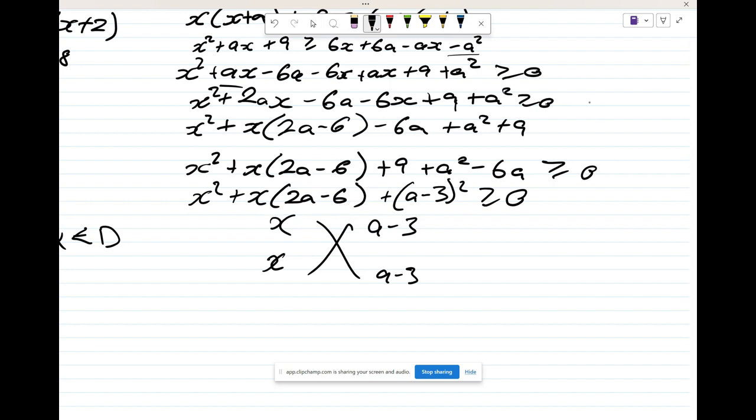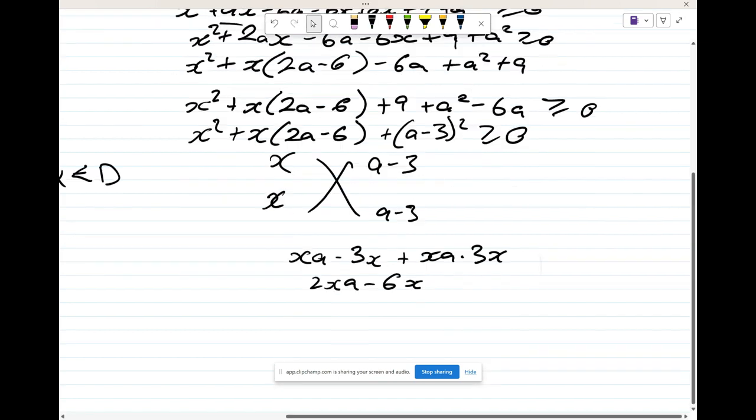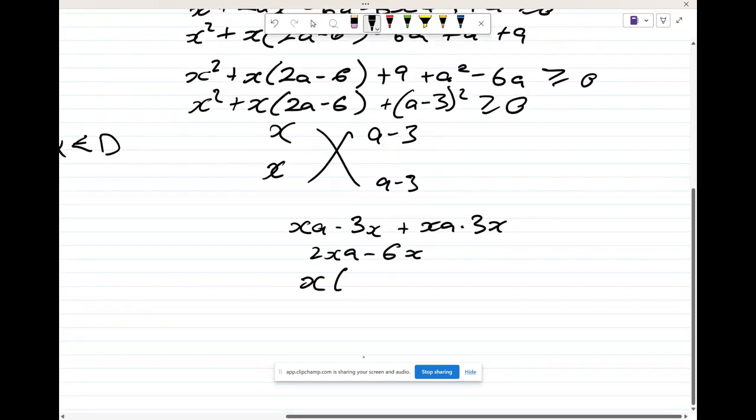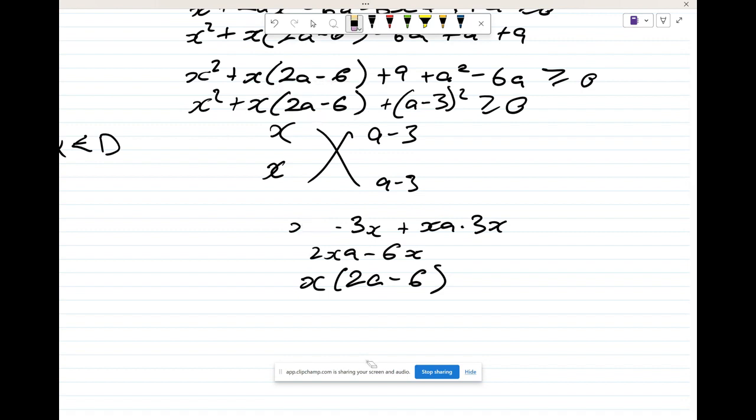Well, x times (a - 3) is xa minus 3x, and then if we add another xa minus 3x there, that'll give us 2xa minus 6x. Oh, perfect. And then we take the x, 2a minus 6, and that's exactly what we wanted in the middle. Okay, so this surprisingly works.